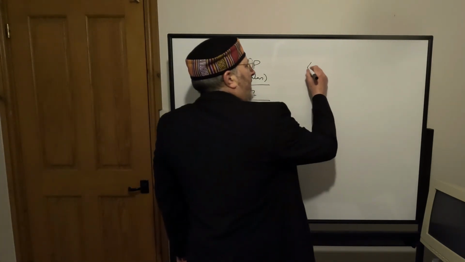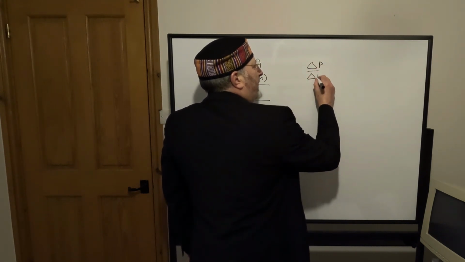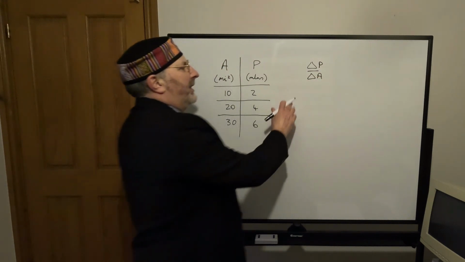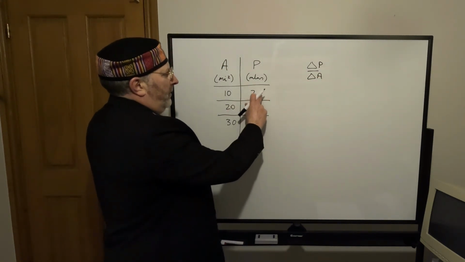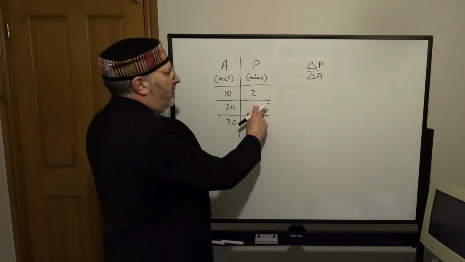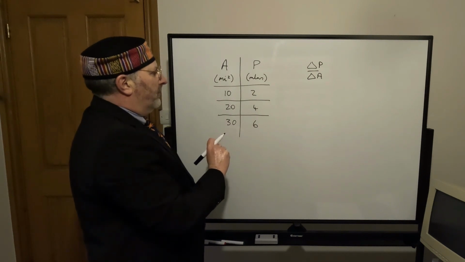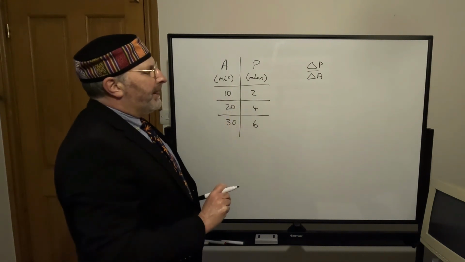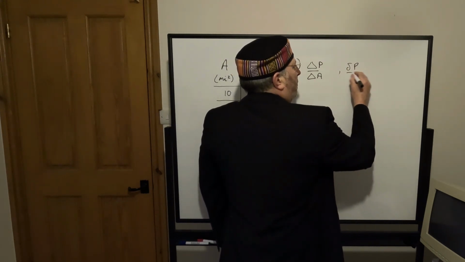So just as we had with the time, we can have delta P divided by delta A, the change in population divided by the change in area. So, from here, the delta P of 2 million corresponds to a change in area, delta A, of 10, from 10 to 20. And similarly, we could think about taking smaller steps.